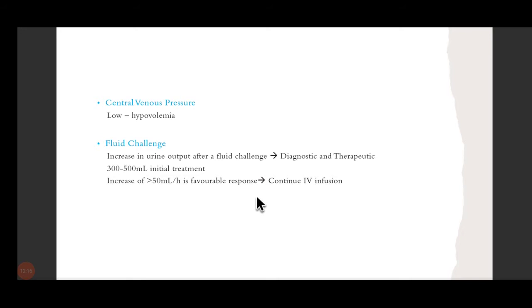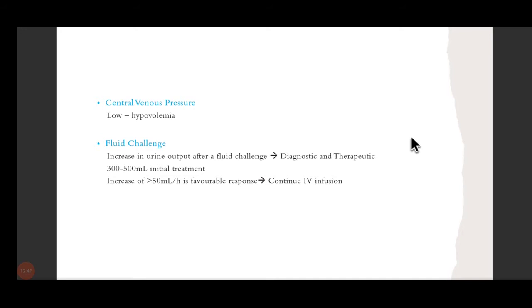There will be hypovolemia. So what you can do to evaluate such a patient is give a fluid challenge of 300 to 500 mLs of normal saline or ringer lactate. And if you see an increase in the output of urine after the fluid challenge, this is also diagnostic and therapeutic for pre-renal kidney injury.